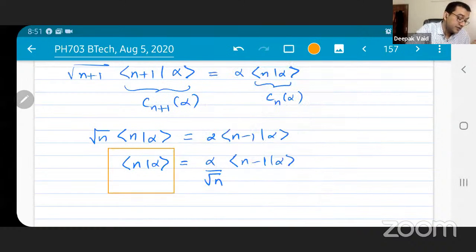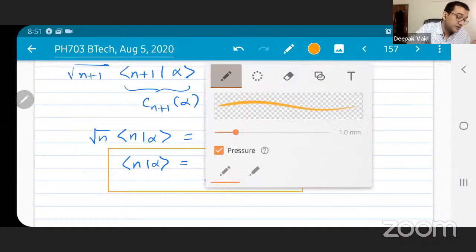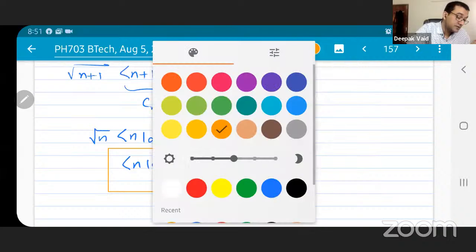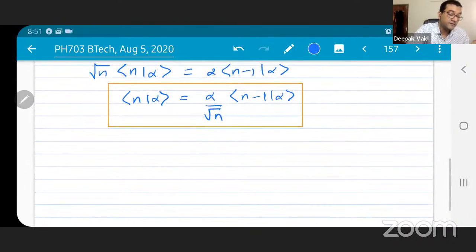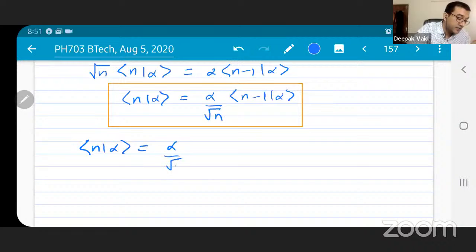And using this, we can calculate all of the Cn's, right? So now I just keep substituting for n minus 1, then n minus 2, n minus 3, and so forth, right? So I'll get ⟨n|alpha⟩ is equal to alpha by root n. Then I'll get alpha by root n minus 1.